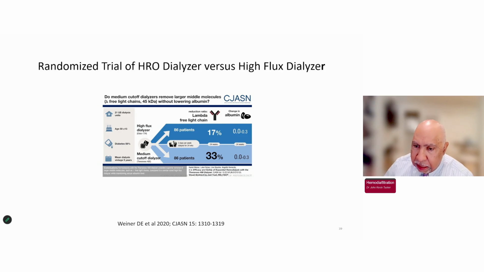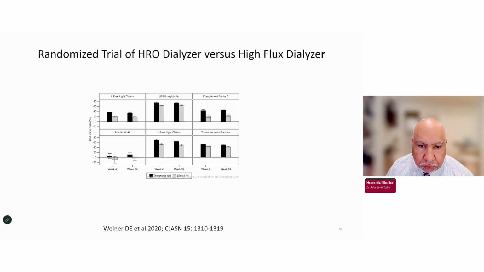Importantly, however, there was not a significant change in albumin, because one of the concerns with these medium cutoff dialyzers is that you're also going to remove some things that you don't want to remove, such as albumin. But if you look at the removal of beta-2 microglobulin, gamma-free light chains, complement factor D, tumor necrosis factor, kappa-free light chains, and IL-6, the Theranova 400 fared better for most of these compared to the Elisio 17H dialyzer.